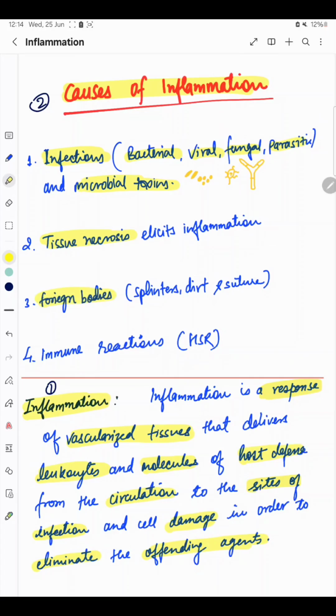Foreign bodies like splinter, dirt, suture, etc. may also result in inflammation, and immune reactions may also result in inflammation. Although numerous reasons can culminate in inflammation, we will see later on.